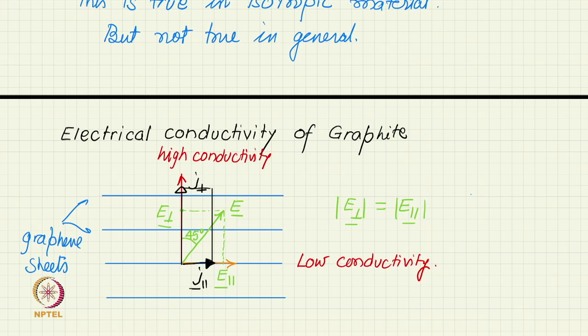J, which will be the vector sum of J parallel and J perpendicular. This will not be parallel, it will not be 45 degree, because the two components are now no more equal.